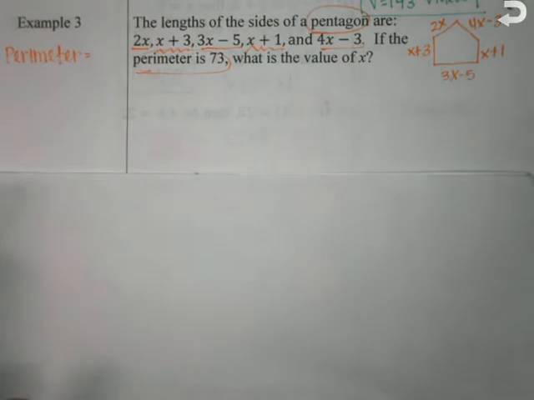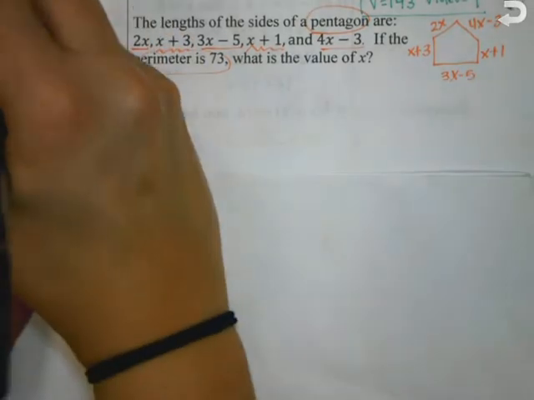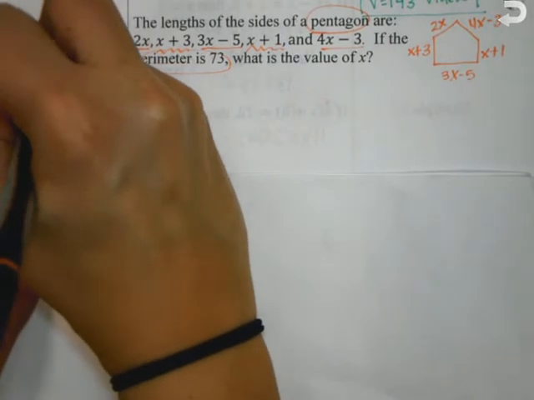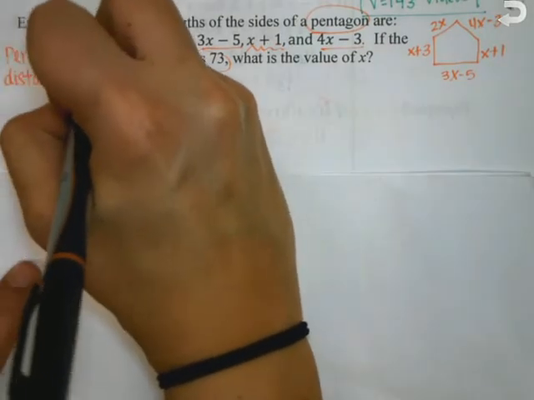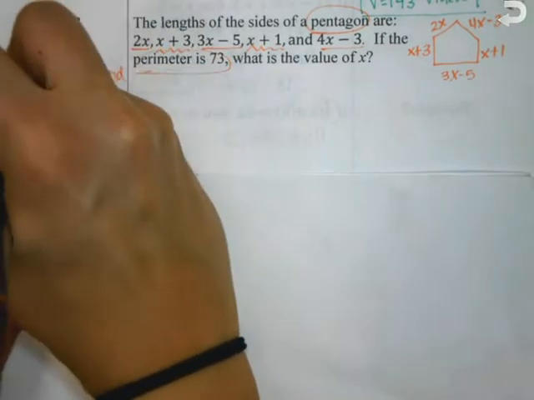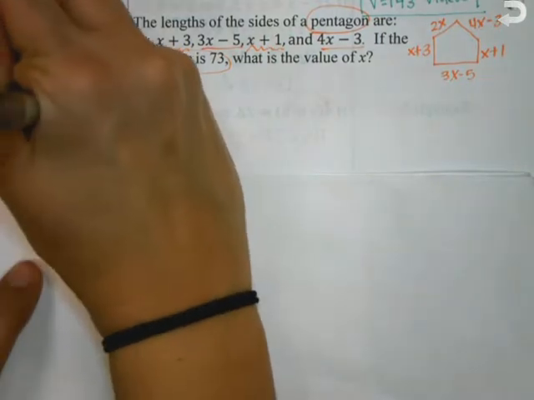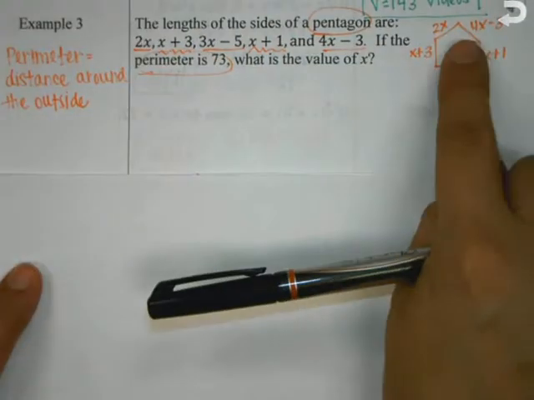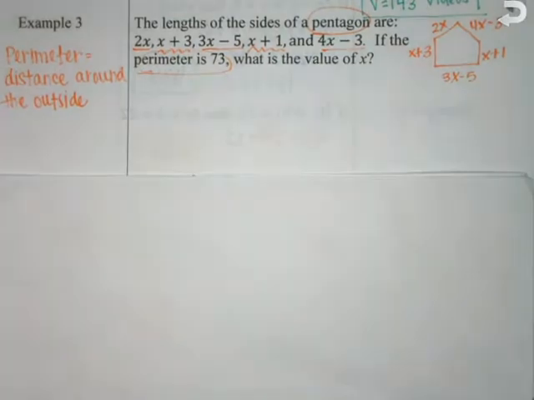What's perimeter mean? Like outside. Yeah, it's the distance around the outside. Good. So distance around the outside. Okay, so if I have all these sides and I know the perimeter is 73, what do I need to do? Good. Add them all up together.